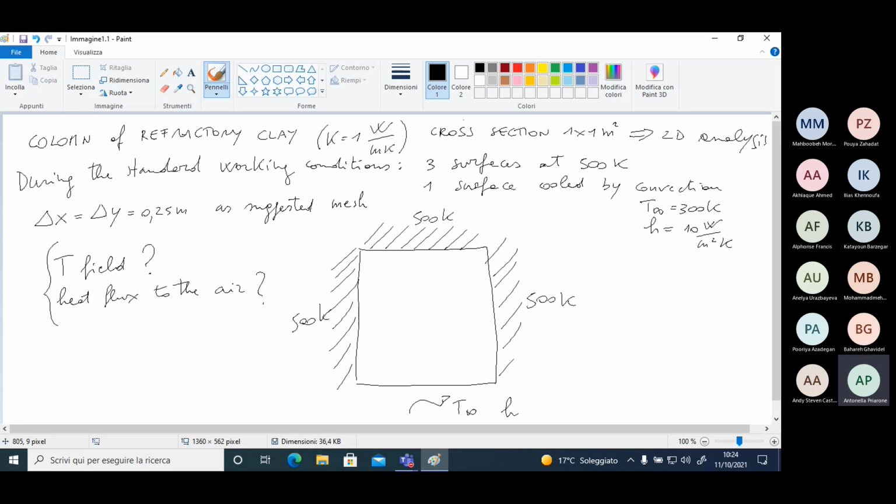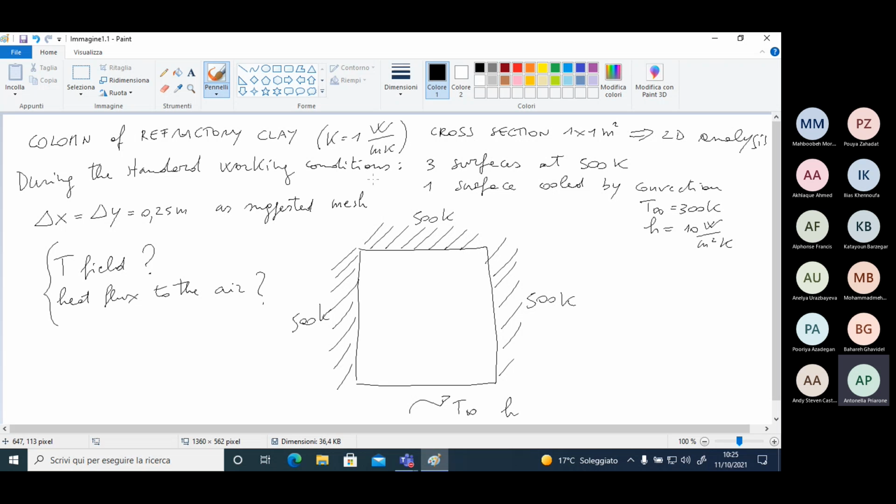Otherwise, remember that you have the text of exercises that you can download from Aula Web. I have a column of refractory clay with cross section 1 by 1 square meters, and so I consider a two-dimensional analysis.